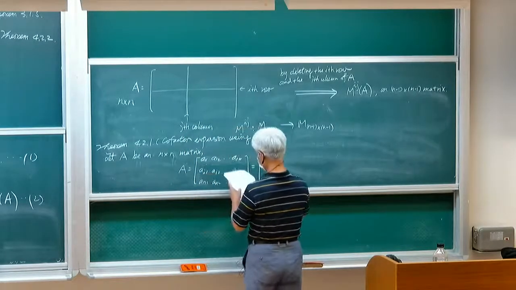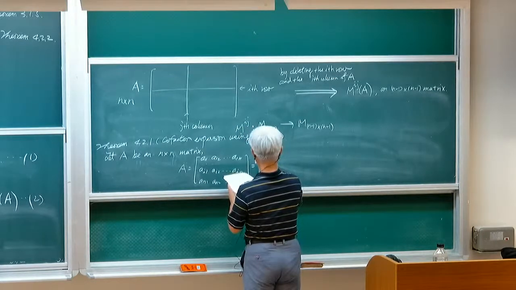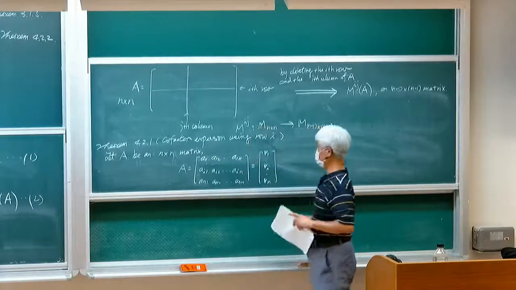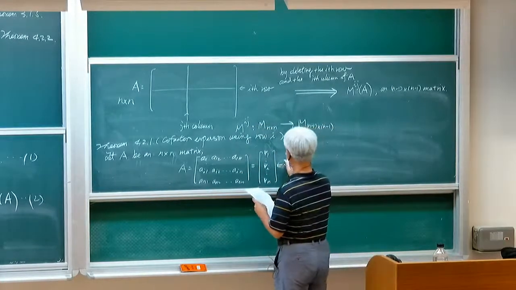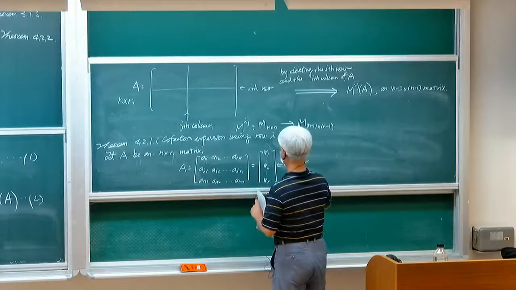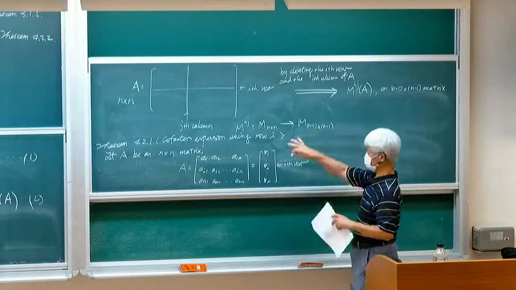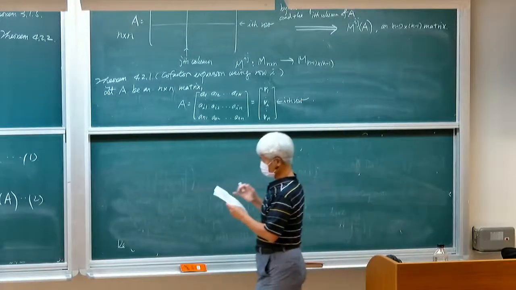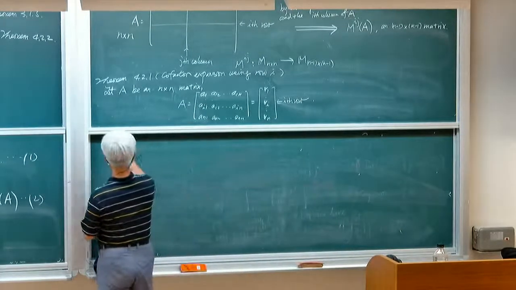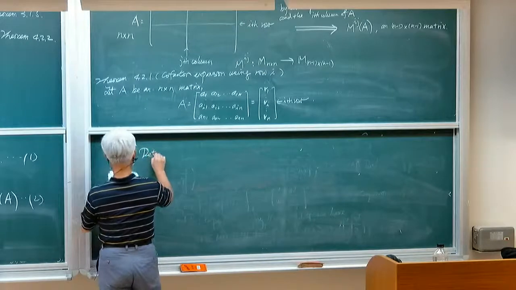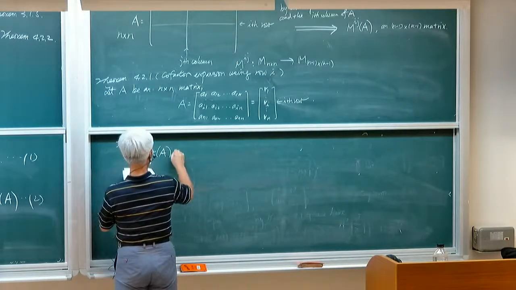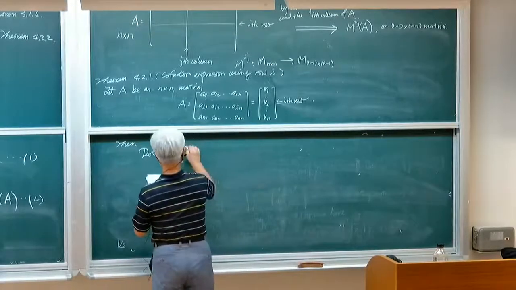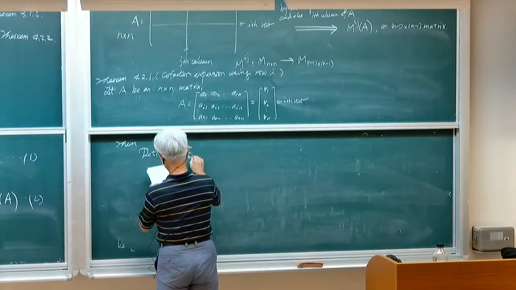And we use Ri to indicate the ith row of the matrix A, just as a convention. All right, so then the determinant of A can be computed in the following way.